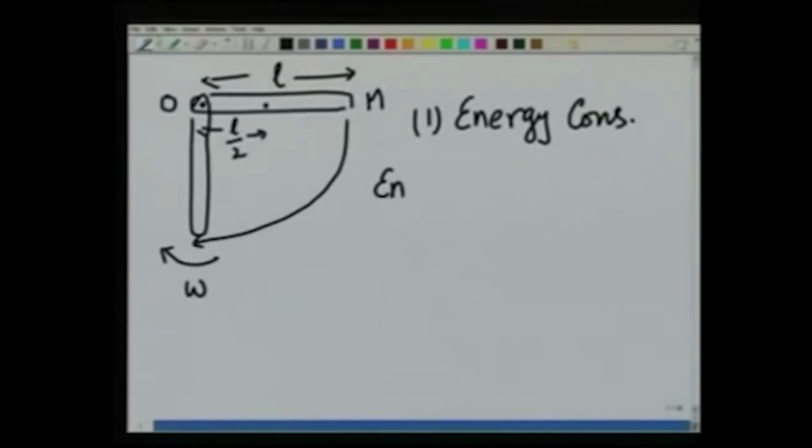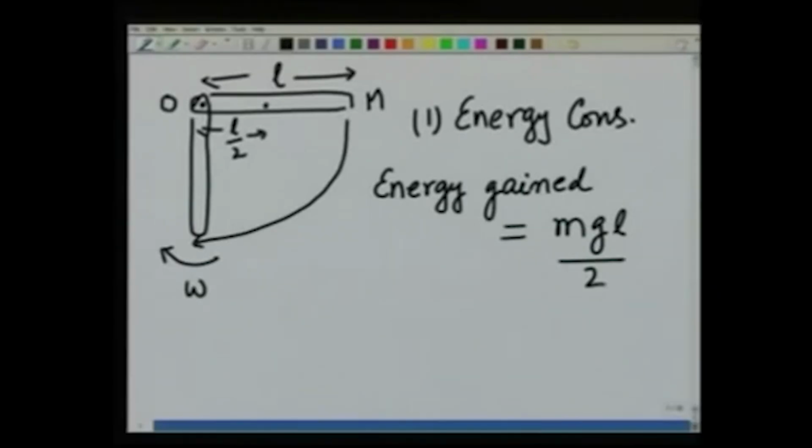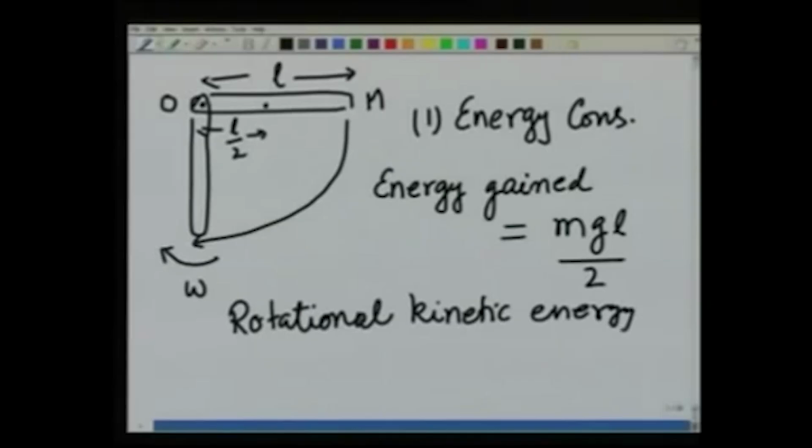So, the energy gained should be equal to m g L divided by 2, and all of this energy gets transformed into its kinetic energy, which in this case is the rotational kinetic energy about point O. This is point O, I remind you, and this is going to be equal to 1/2 I about point O, which we have seen in the previous lecture is m L square over 3 times omega square.